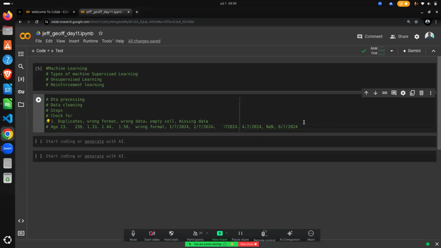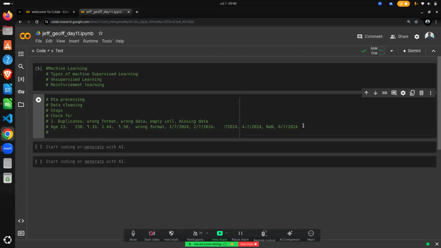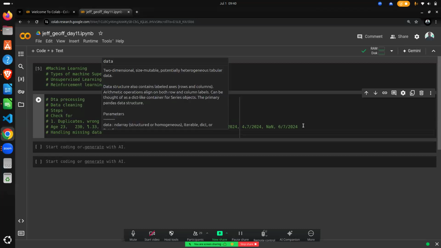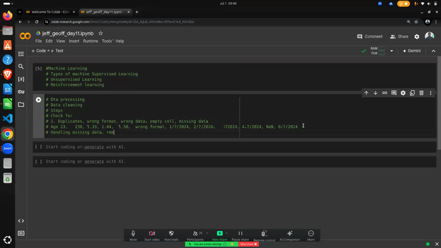Now, once you deal with them, there are several ways of handling missing data. If you can't guess the data, you can remove, that is, delete.